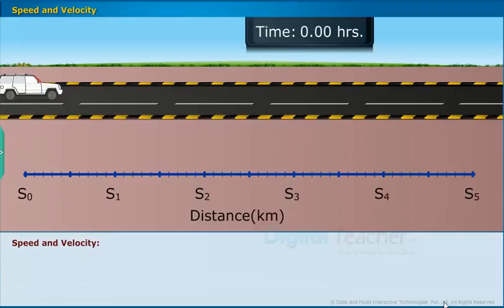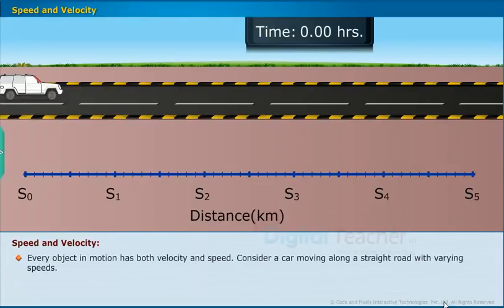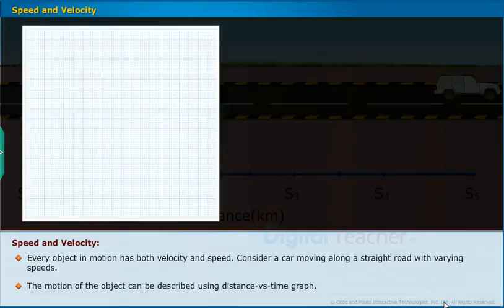Speed and velocity. Every object in motion has both velocity and speed. Consider a car moving along a straight road with varying speeds. The motion of the object can be described using a distance versus time graph.